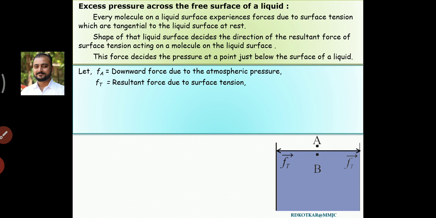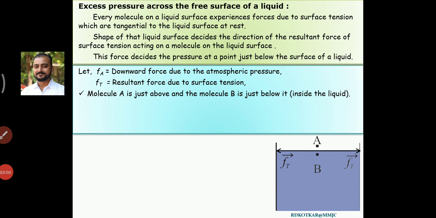In the diagram, you can see the resultant force acting on the liquid. Molecule A is just above the surface of the liquid, and molecule B is just below the surface, inside the liquid.